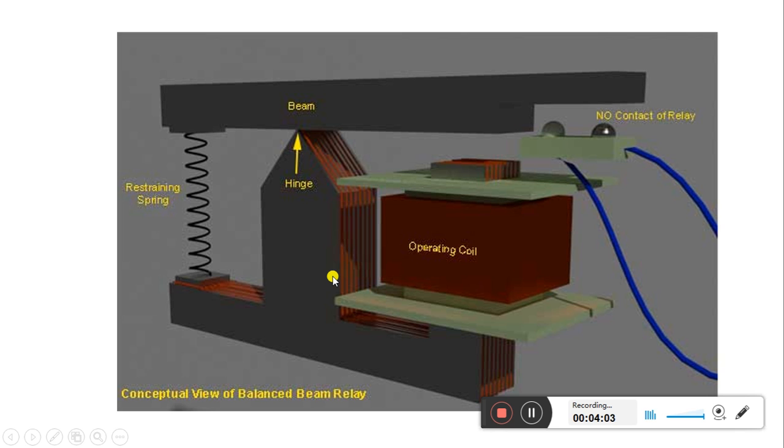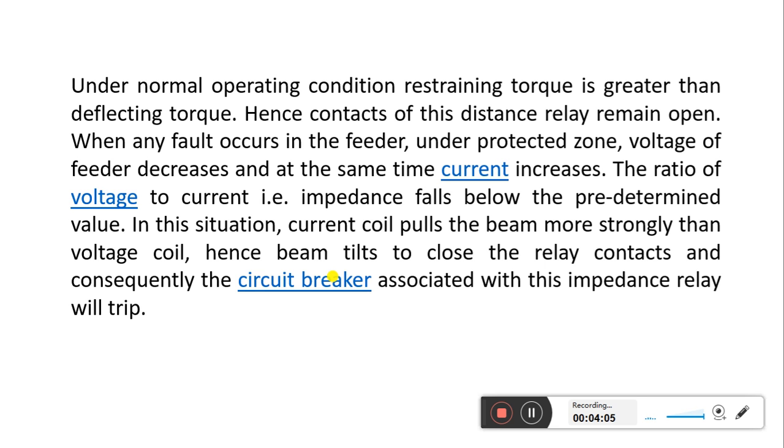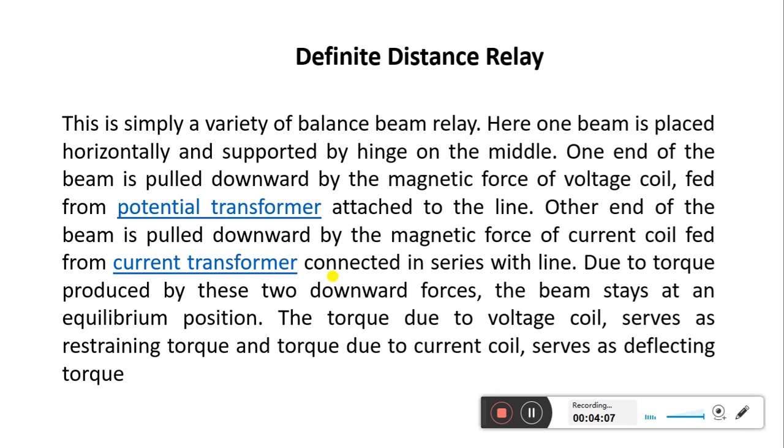Now let us see what description has been written for this relay, that is called the definite distance relay. This is simply a variety of balanced beam relay. Here one beam is placed horizontally and supported by a hinge in the middle. Already I have discussed the same thing.